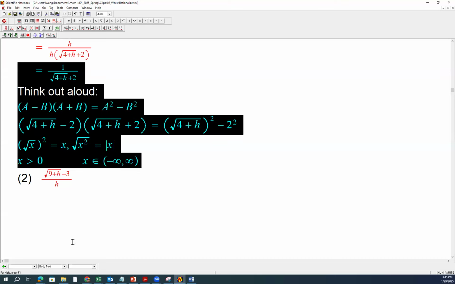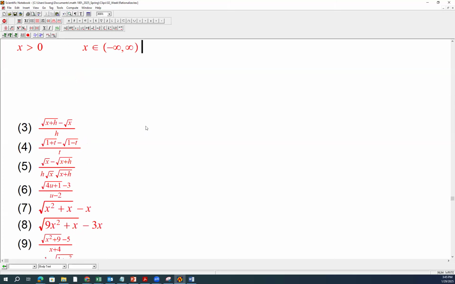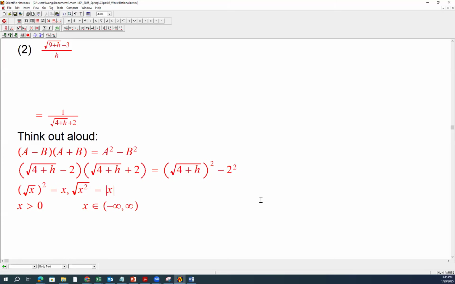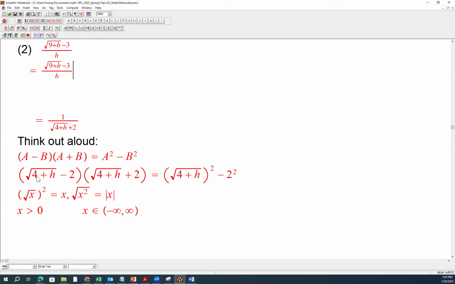Okay, so I'm going to bring the scratch paper work here, and then I will show you step by step. And please do follow me. Okay, so the conjugate we're going to multiply. So this is going to be root of 9 plus h, minus 2 becomes minus 3. So this is root of 9 plus h squared, and this is 3 squared.